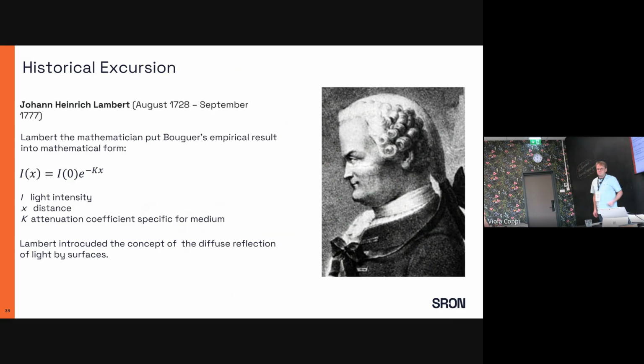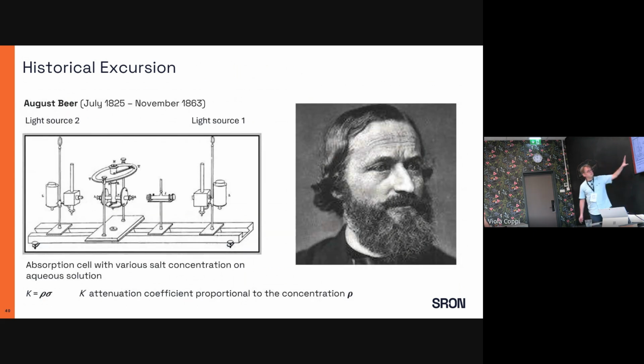And then it was Beer, years later, who made another experiment, shown here, with the same principle. You observe one to the left and one to the right: a light source here and there, and you have a gas cell in between. You can change the distance as Bouguer did as well, but now in a well-coordinated way.